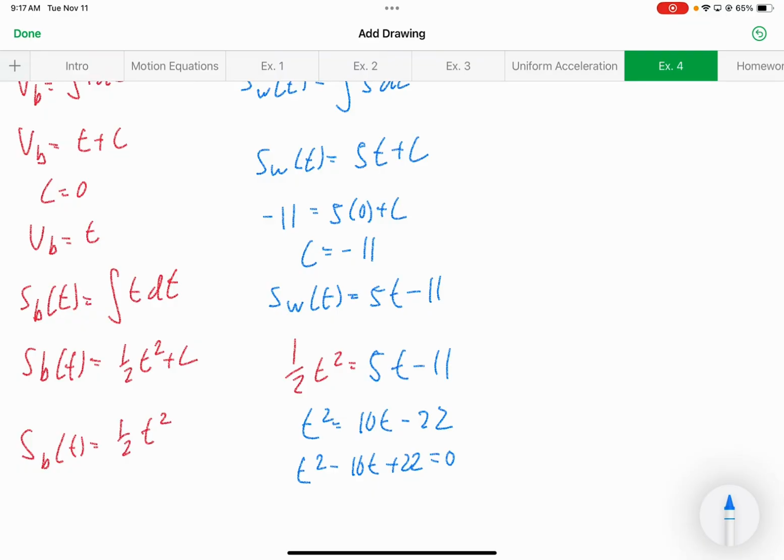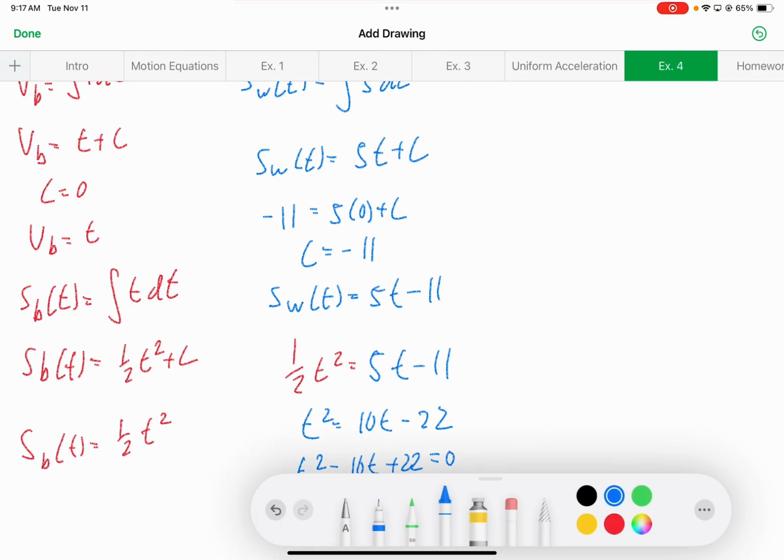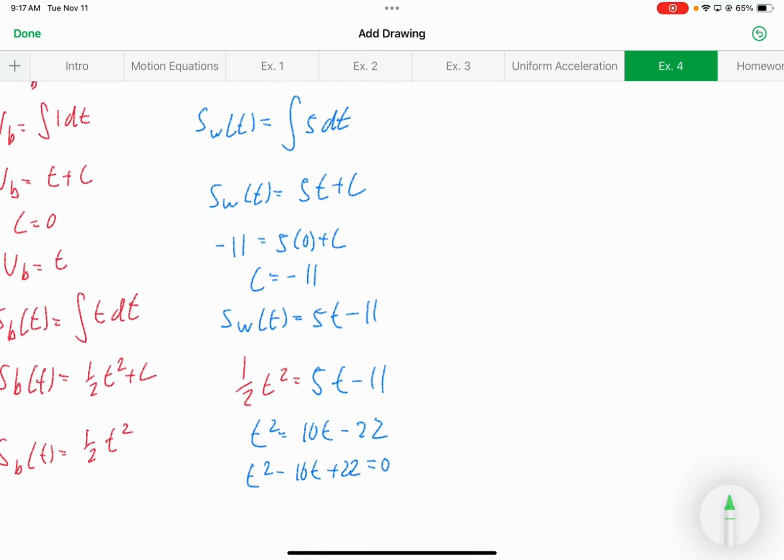Then what are we going to try to do? Factor. But what multiplies to equal positive 22 and adds to equal -10? Womp womp. So we've got to use the quadratic formula. So t is equal to 10 plus or minus the square root of b squared, which is 10 squared minus 4 times 1 times 22, all over 2.